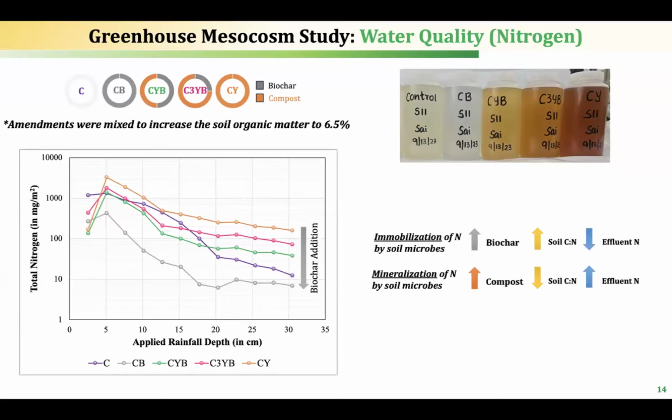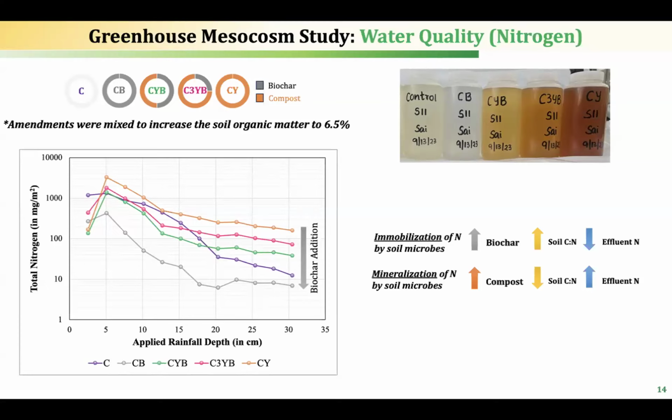One of the most important parameters in the context of nitrogen cycling in soils is the carbon to nitrogen ratio. This is predominantly discussed in terms of nitrogen uptake by plants, but it can also be applied to nitrogen leaching. Biochar drives up the soil carbon to nitrogen ratio as it is a carbonaceous material, and in such a scenario, the soil microbes tend to immobilize the nutrient in order to maintain their nutritional balance, because there is more carbon compared to that of the nitrogen in the soil.